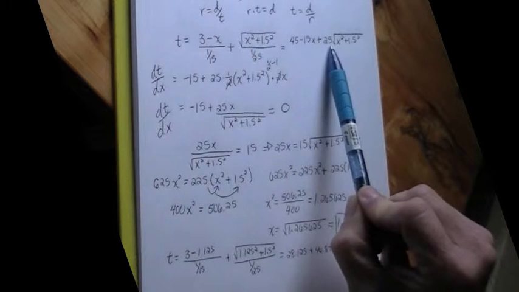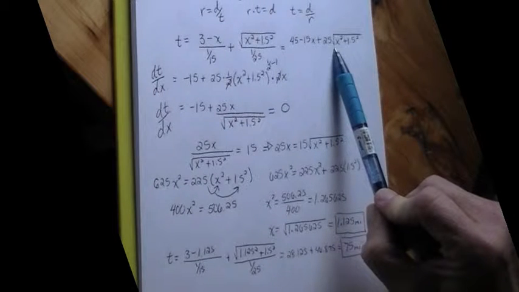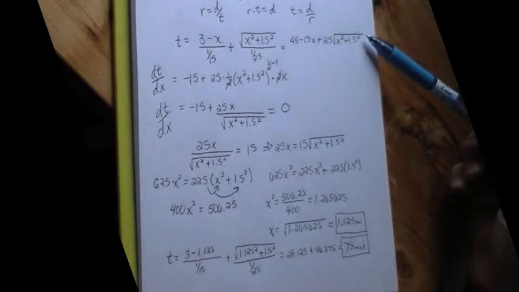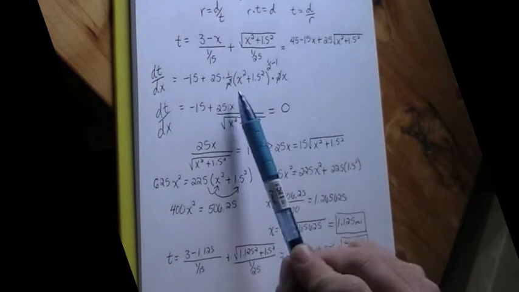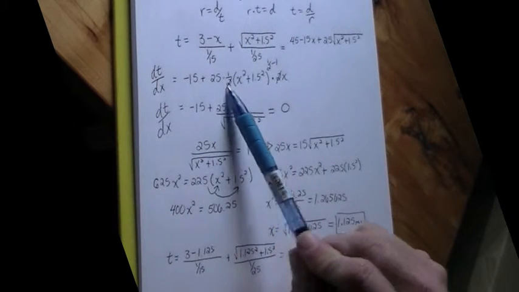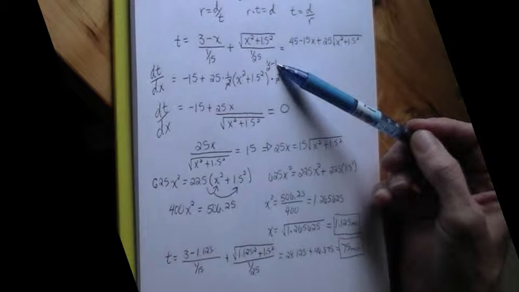Over here, I have 25 times the square root of x squared plus 1.5 squared, but a square root is a 1/2 power. So I'm going to use the power rule. I'll multiply by 1/2. That was the original power. Remember, we always subtract 1 when we're doing the power rule. So 1/2 minus 1 will give me a negative 1/2 power.